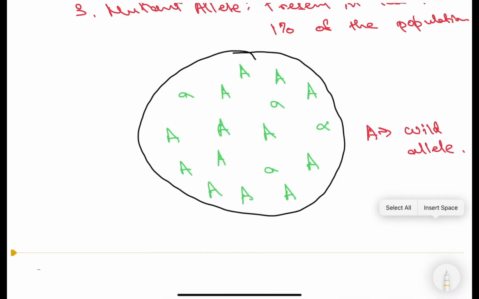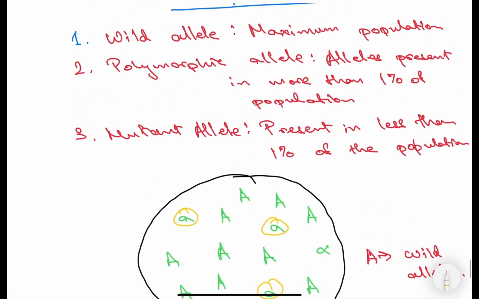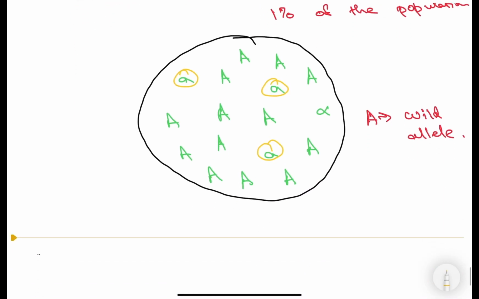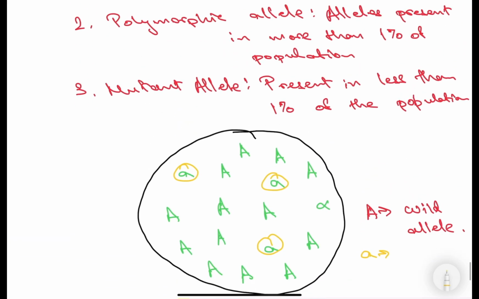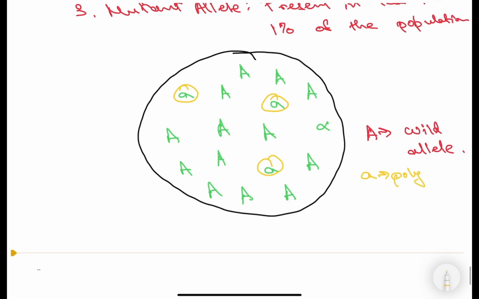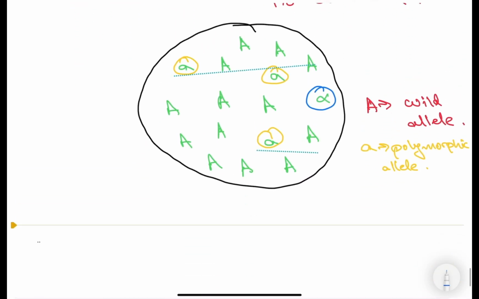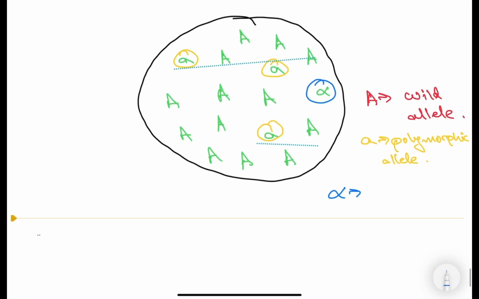Then you can see there are 3 small a's, and the definition says that polymorphic alleles are alleles present in more than 1% of the population. So small a will be the polymorphic allele, while you can observe that there is only one occurrence of this alpha allele. So alpha can be referred to as the mutant allele.